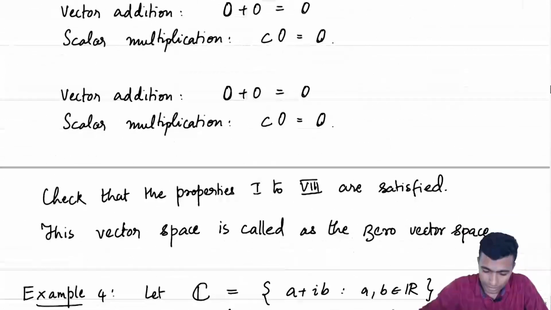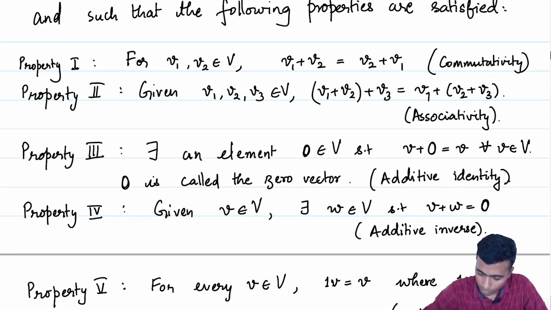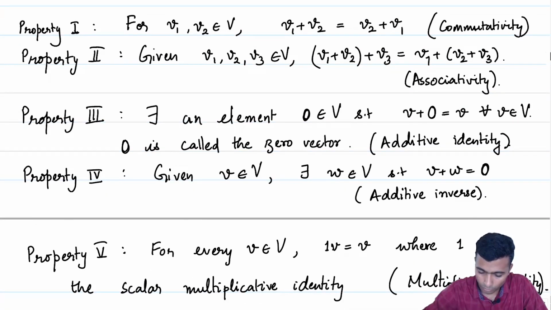I shouldn't make a mistake with that, so let me notice it carefully. Properties 3 and 4.